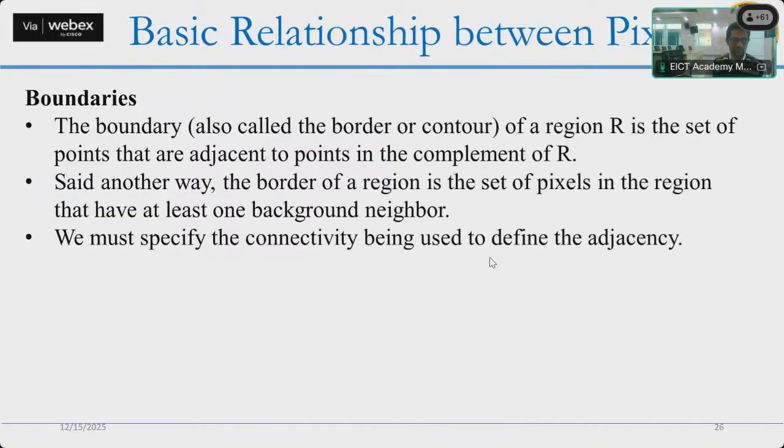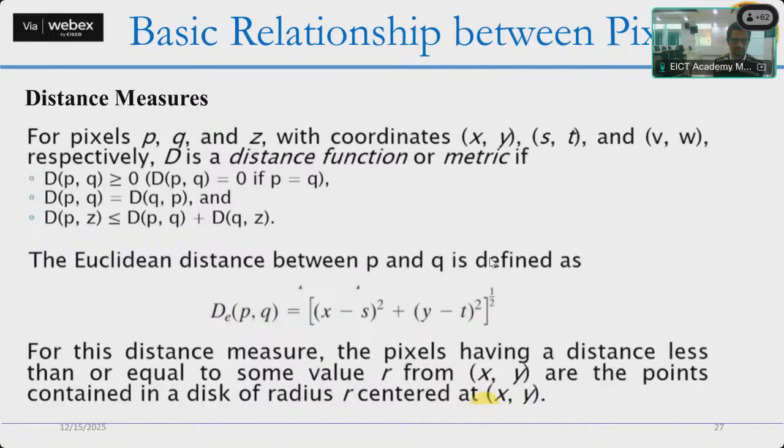I will better include the diagram and then show you this part. We will revisit this section by showing you more diagrams.